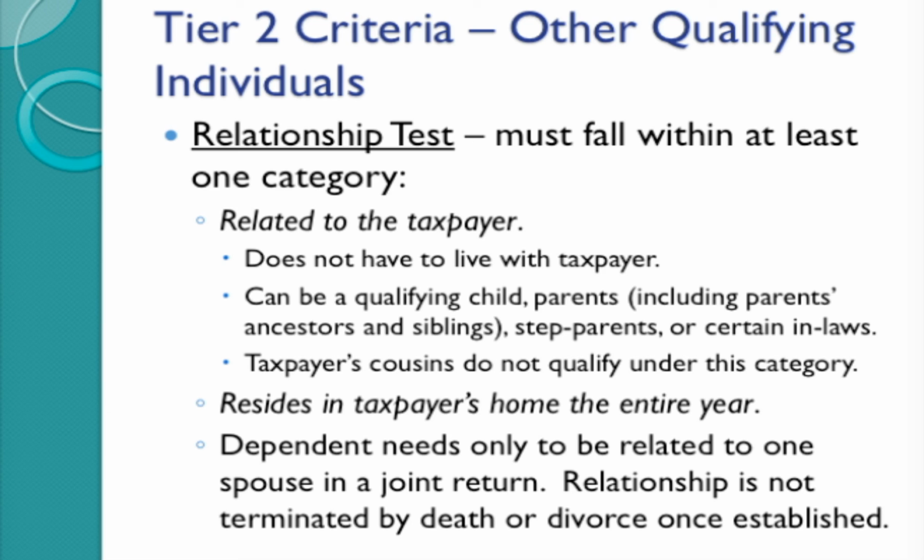And I would say a special note here is that once you establish this other qualifying individual relationship, in other words, once you pass this test, if it is established because of a marriage, the relationship part can stay in place even if the marriage that caused the relationship ends. Okay, so let's say the marriage is terminated.